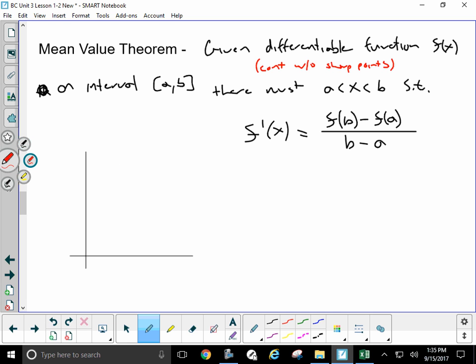Given a differentiable function f of x on the interval from a to b, there must be some x between a and b such that the tangent slope at that value is equal to the secant slope connecting a and b.